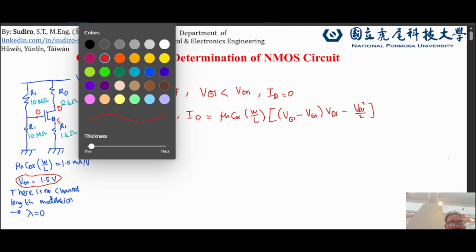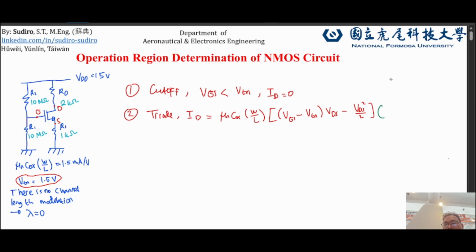If channel length modulation is considered, we can add the following part: 1 plus lambda VDS. But in this case, because we ignore the channel length modulation, we can substitute lambda with 0, and we can simply ignore this part.